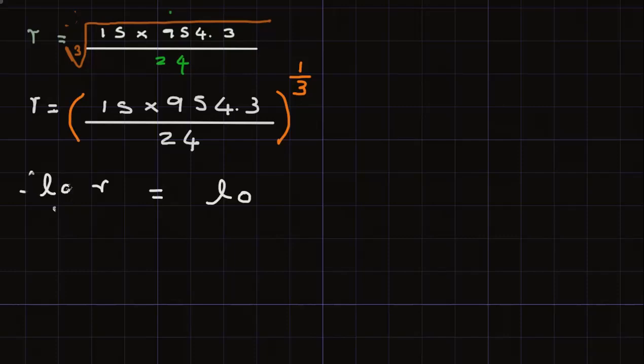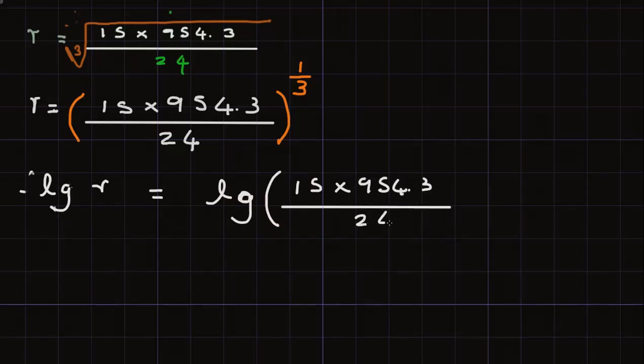So lg of 15 times 954.3 over 24, to the power 1 over 3. The log bar will keep continuing, but to save time, I'm not writing it. You don't have to write it. Let's concentrate only on the right-hand side now.